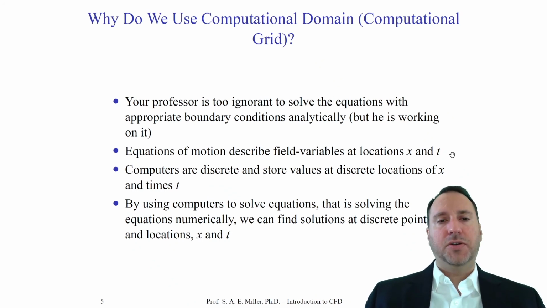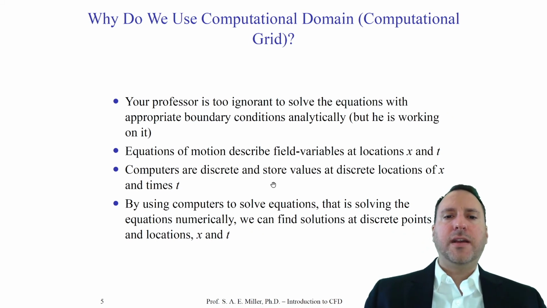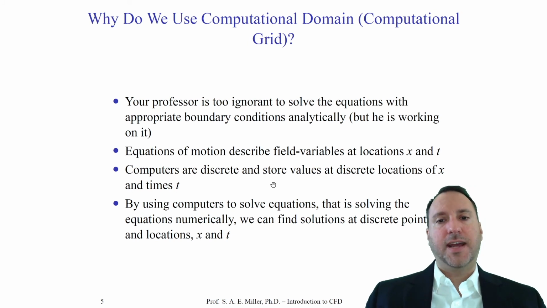Remember, our computers today are discrete. That is, they store specific values. In a sense, just like in quantum mechanics, energy has been quantized. Here all the information is quantized at discrete levels, depending on the number of bits of storage of the computer. So we can only store solutions at discrete locations of x and t.